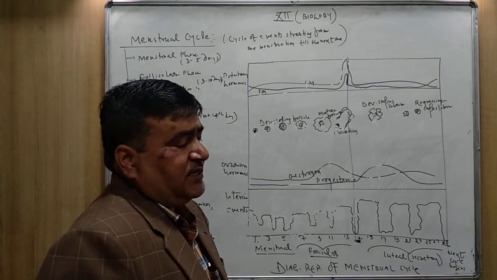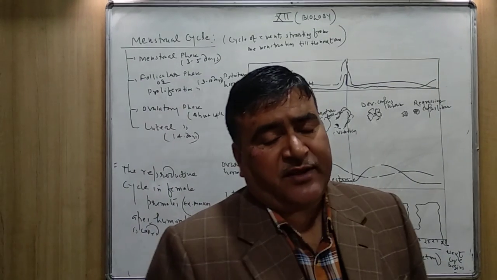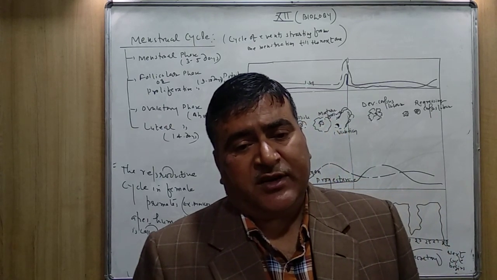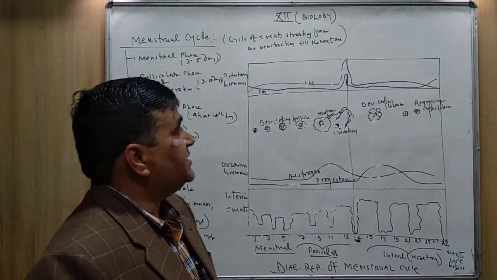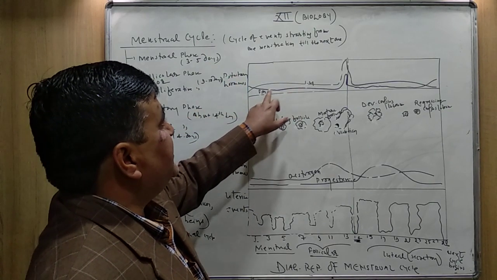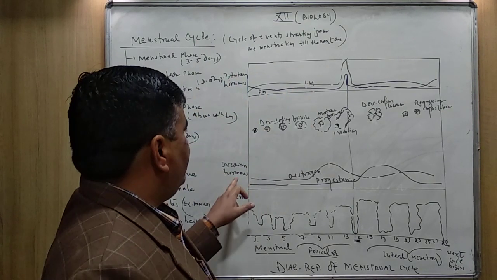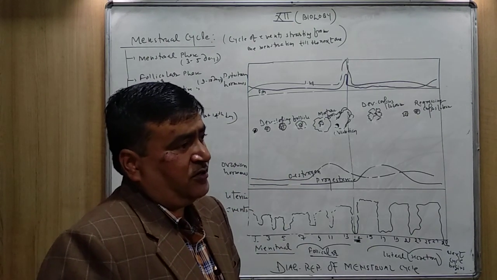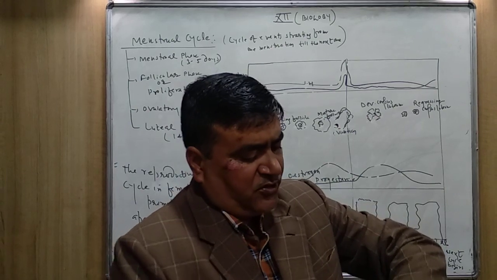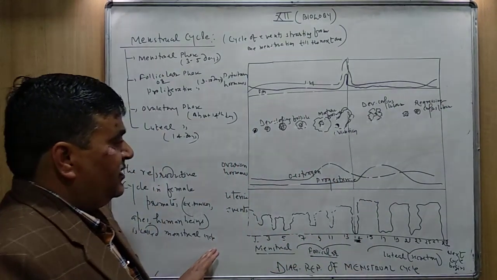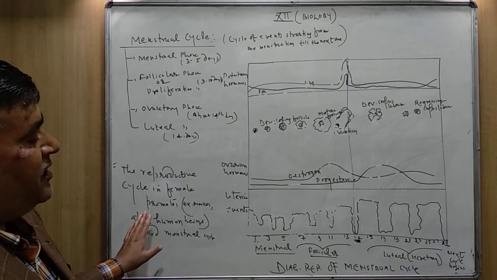As far as hormones are concerned, it's very, very important that you learn all the hormones, how many hormones are secreted from the pituitary. Pituitary hormones are these two, FSH and LH, and ovarian hormones are two, estrogen and progesterone. So that's all about the menstrual cycle.